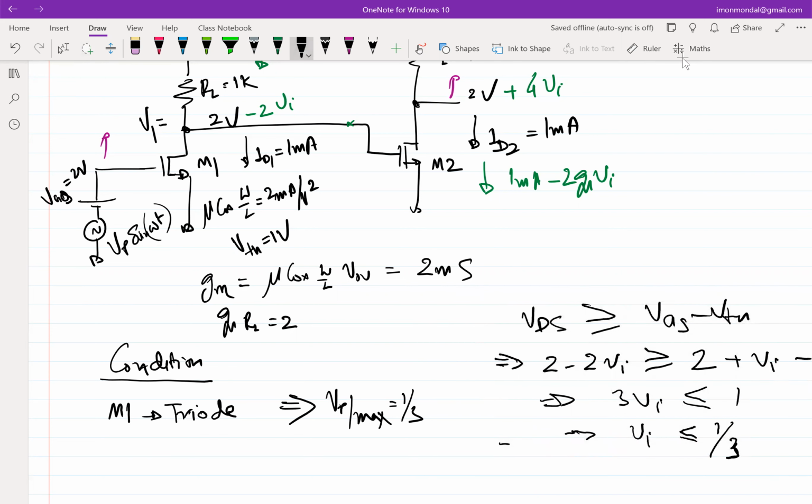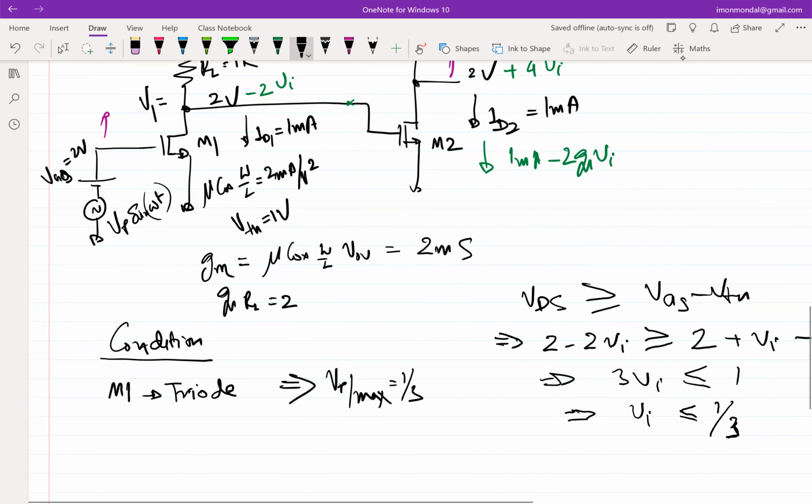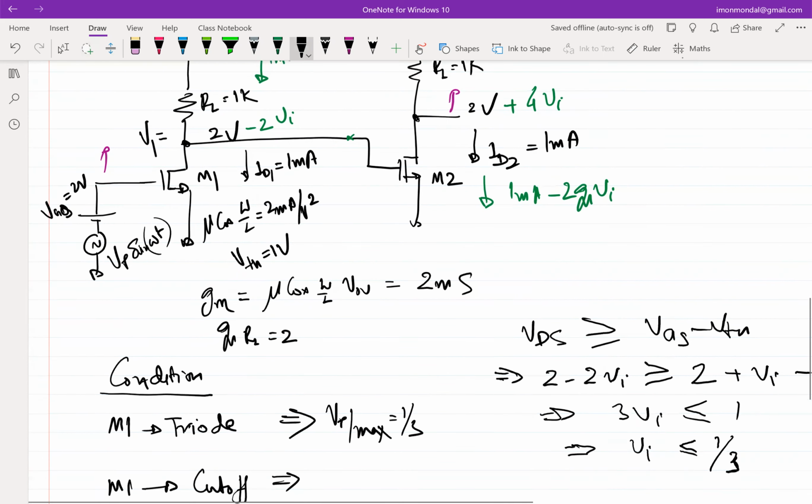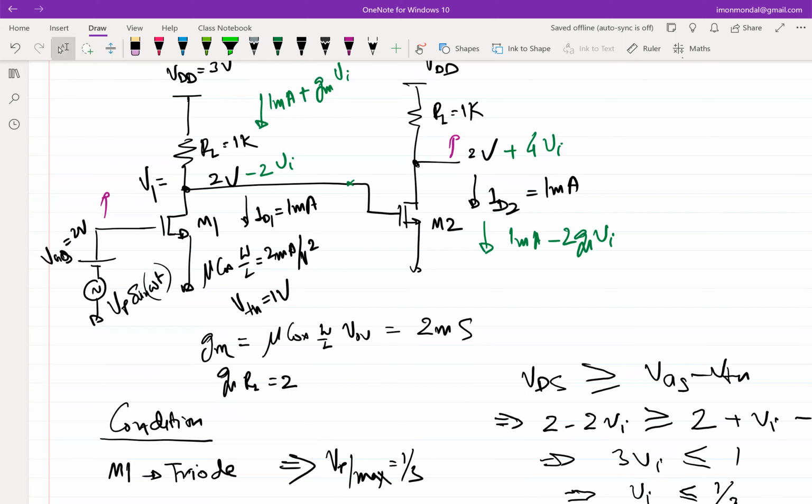So now let's do the other one: M1 going into cutoff. This should be easy, or rather straightforward. What will be the condition on VP? No, not VGS minus VT, right?